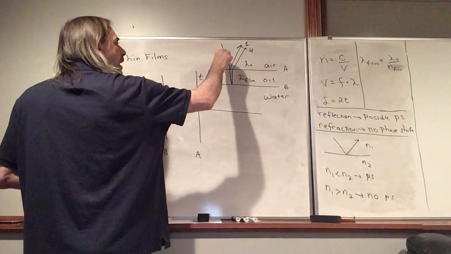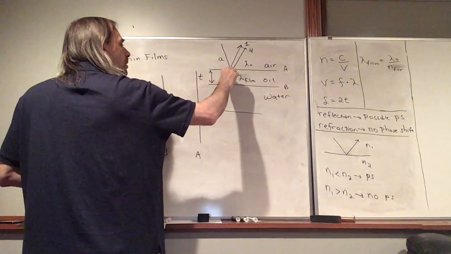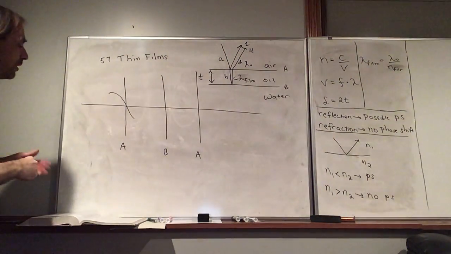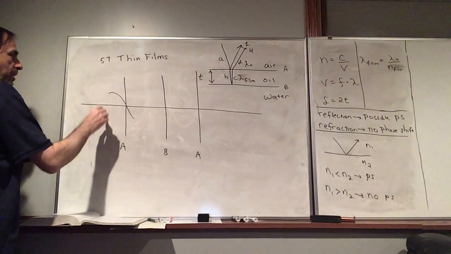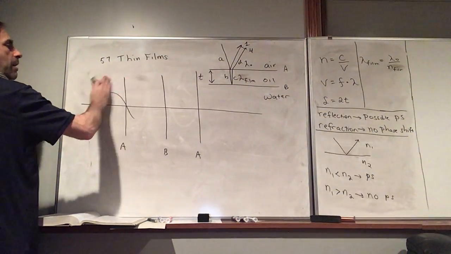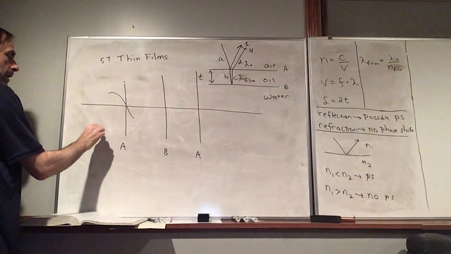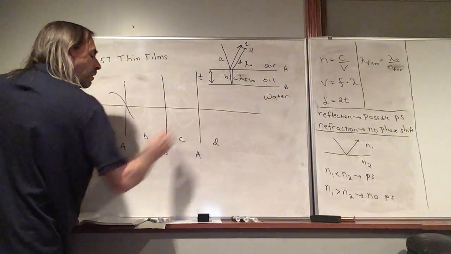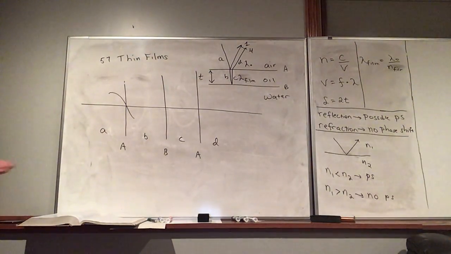So this is a, b, c, and d. So this is region a, b. I'll do it on the bottom because we'll run into interference there. Okay. So a, b, c, and d.